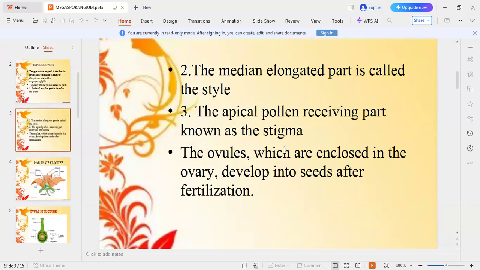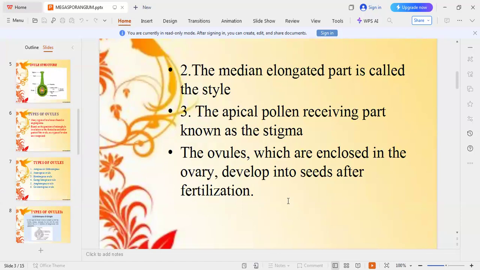An ovule or megasporangium develops from the base or inner surface of the ovary.